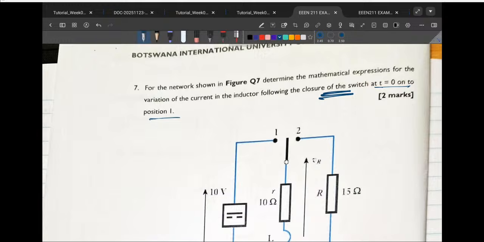Okay, at t equal to 0, they want to see if you know, for charging and discharging when you are dealing with an inductor. For charging, what is it going to be? They want an expression for what? Current.